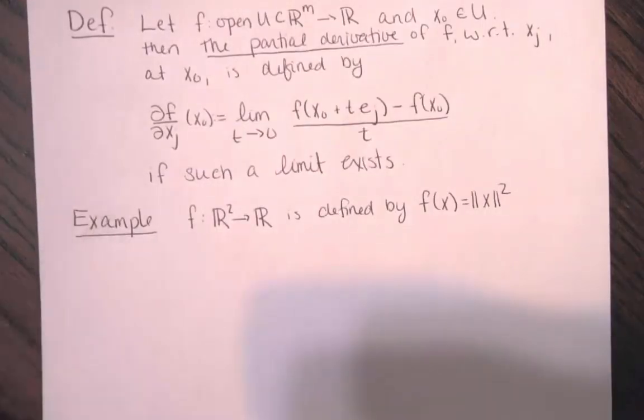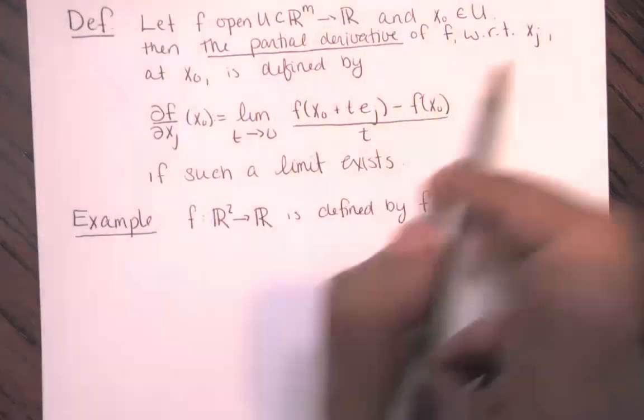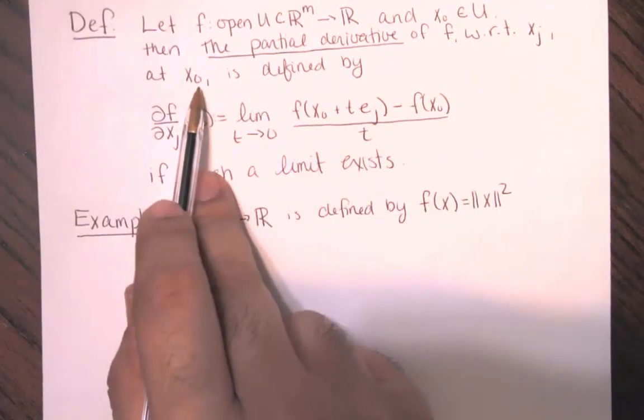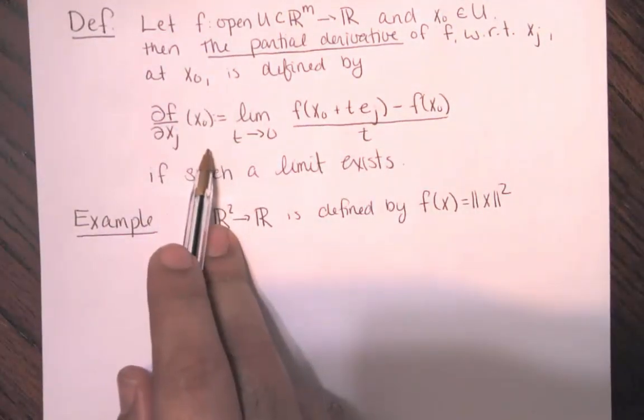So of course, in order to get a handle on what exactly these derivatives are, let's define the partial derivative. So f maps an open set in R^m to R, and x naught is in the domain. Then the partial derivative with respect to the jth coordinate at x naught is defined by this limit.